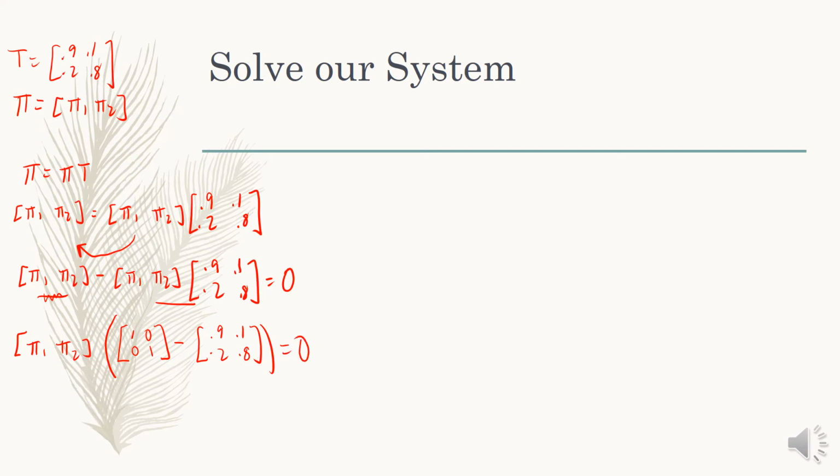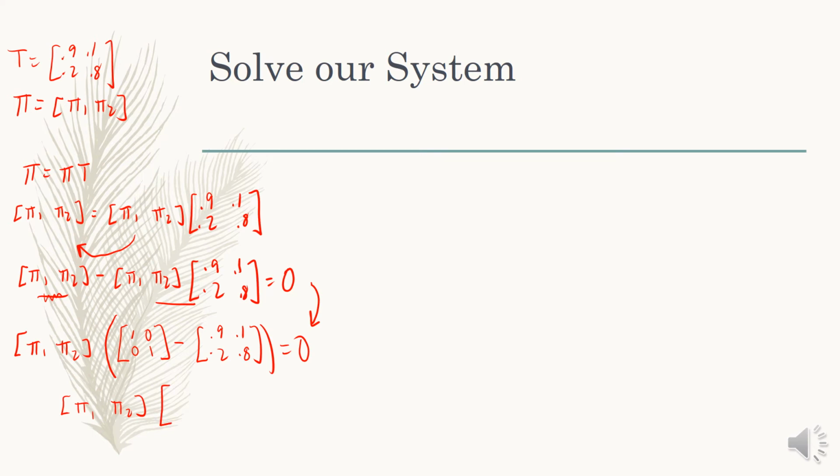So again, what I did between this step and here is I factored out that steady state matrix from both terms. Factoring it out of my first term left me with the identity. Factoring it out of the second term left me with the transition matrix. Next, I'm going to subtract these two matrices, and you just do that component-wise.